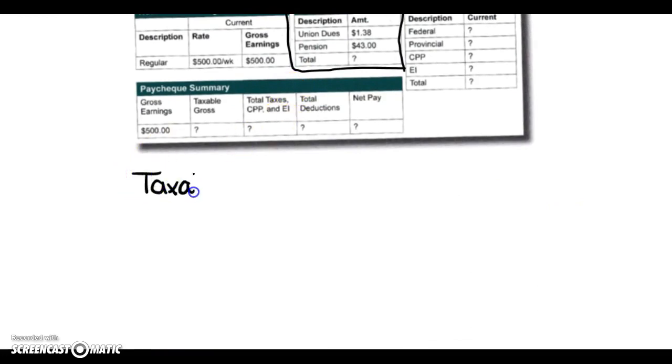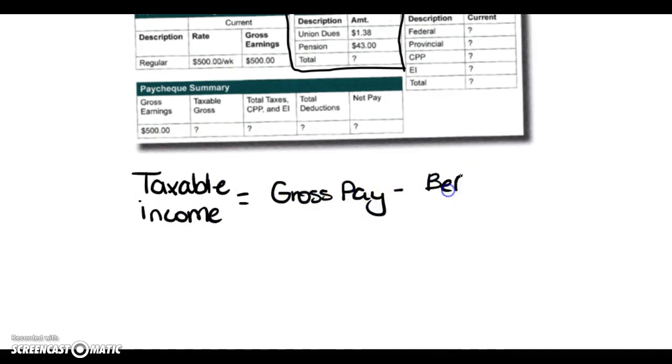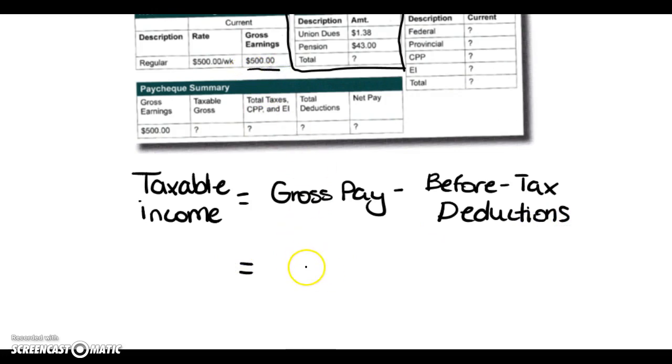So your taxable income is equal to your gross pay minus your before tax deductions. So this employee, as we said, they made $500 for that paycheck.